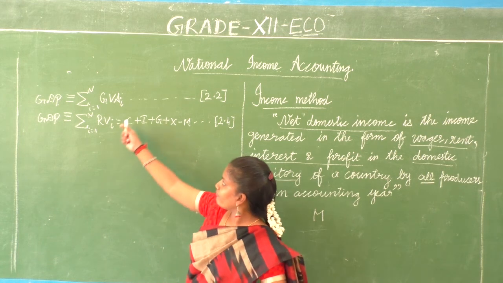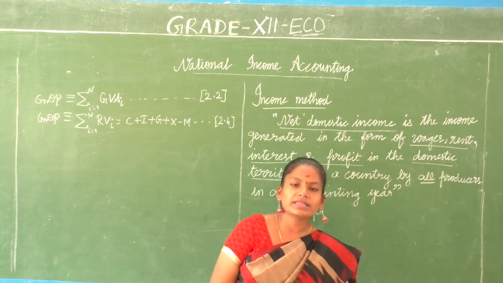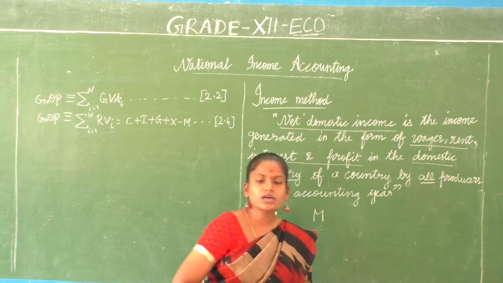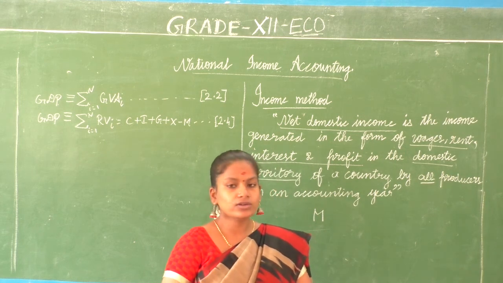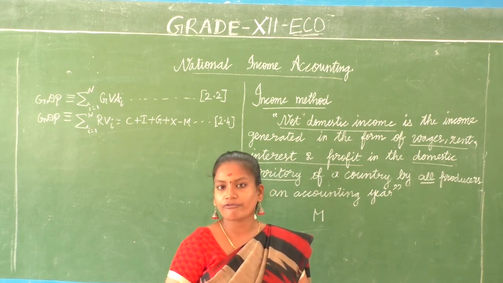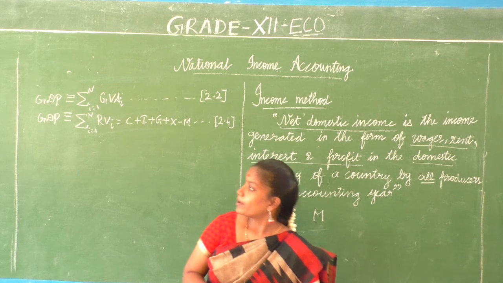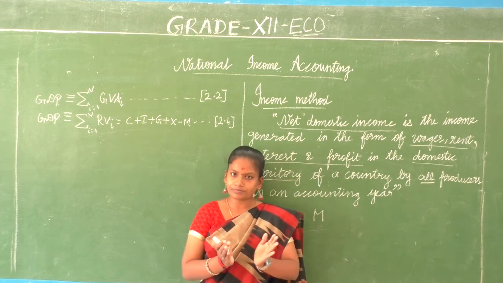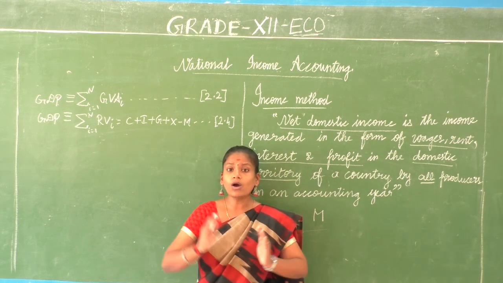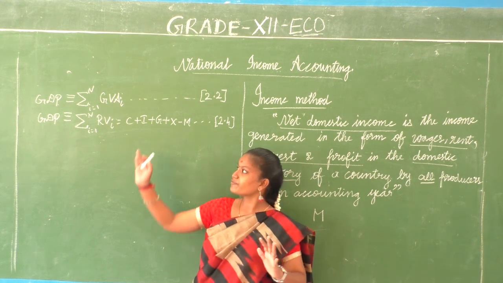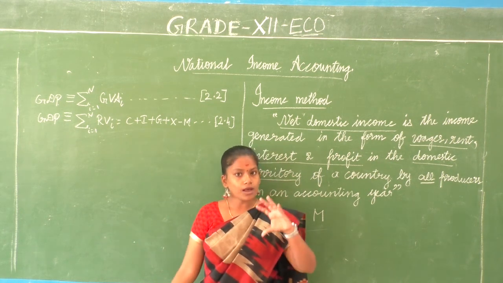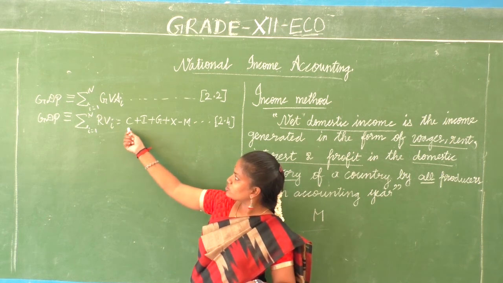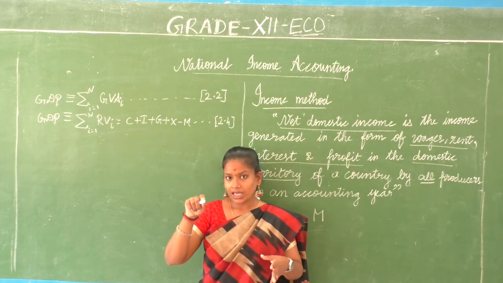What did we do in the value added method? In the value added method, we spoke about the intermediate goods. We reduced the value of intermediate goods that we have used and then we found out the GDP. Whereas in the expenditure method, we added, we totaled all the expenditures that we have spent towards a product or service of a particular firm, that we mentioned as CI.